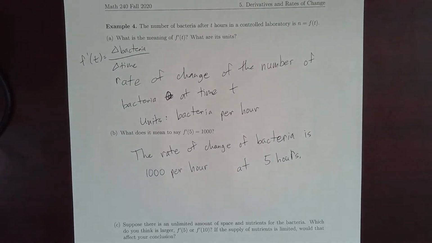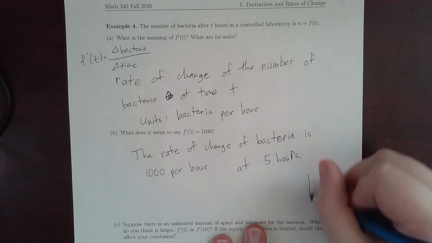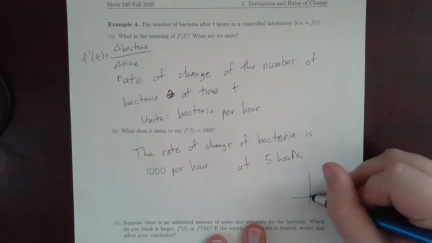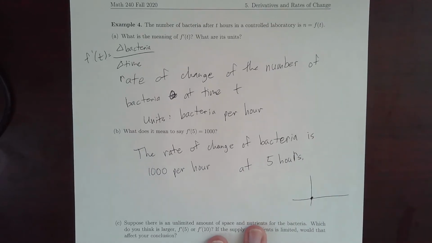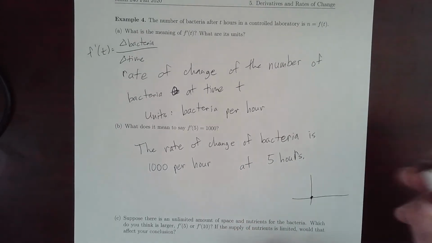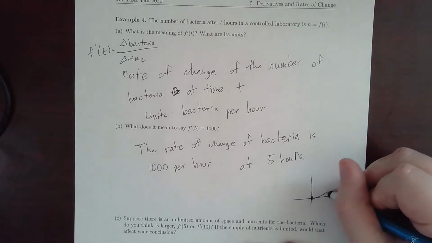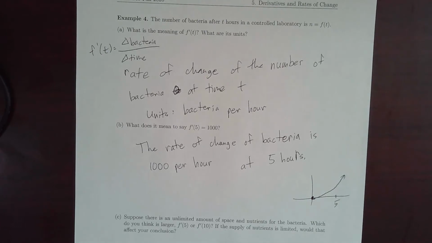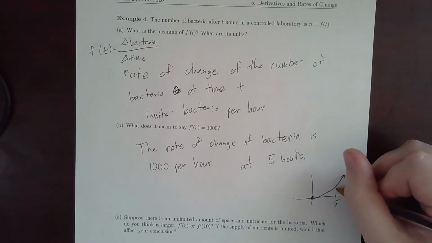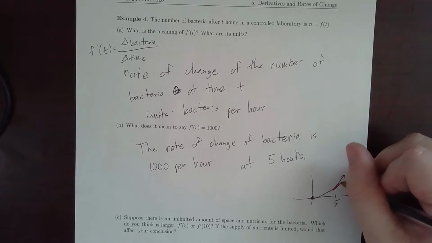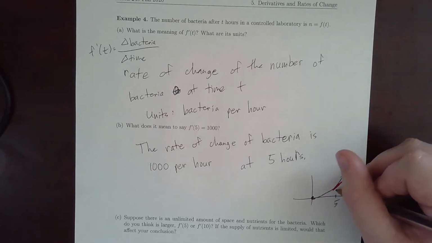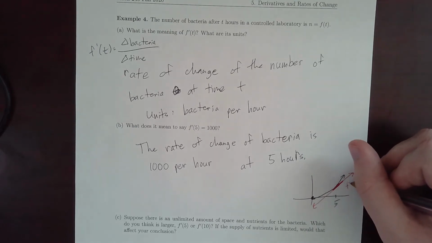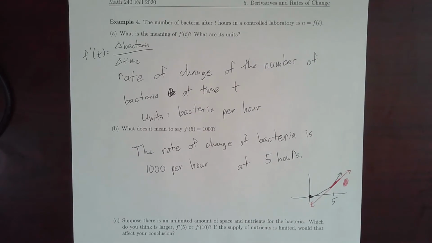So we don't exactly know what f of t looks like, but say this was our function f of t. Obviously we can't start before 0 because we can't start before 0 hours. Let's say this is what's going on, and say 5 is somewhere here. If we look at the slope of the line after 5 hours, the slope of the line is going to be 1,000.